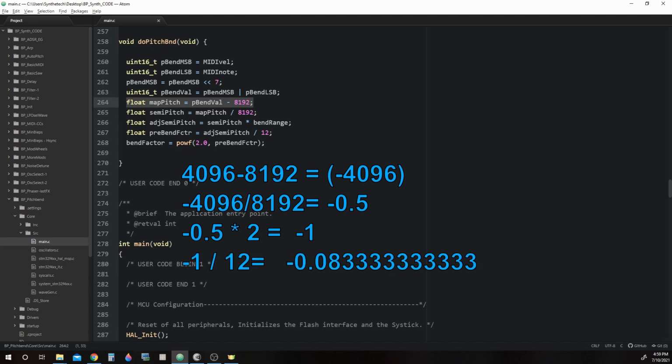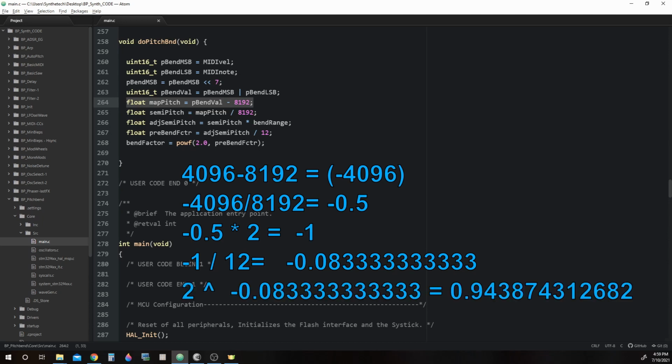A negative 1 divided by 12 equals negative 0.08333333333. 2 to the power of negative 0.08333333333 equals 0.943874312682.